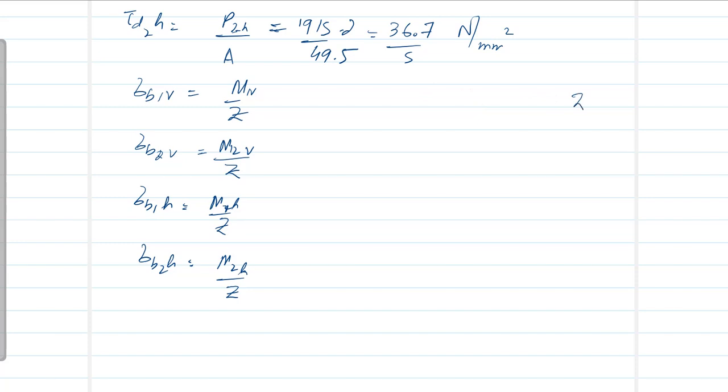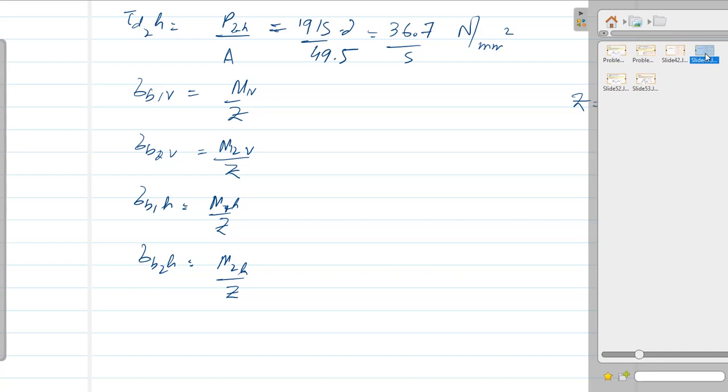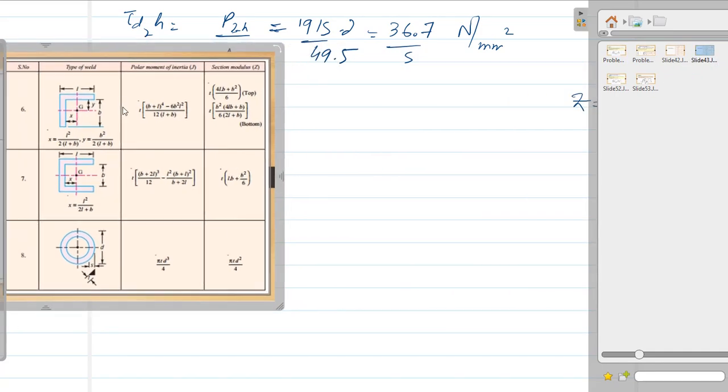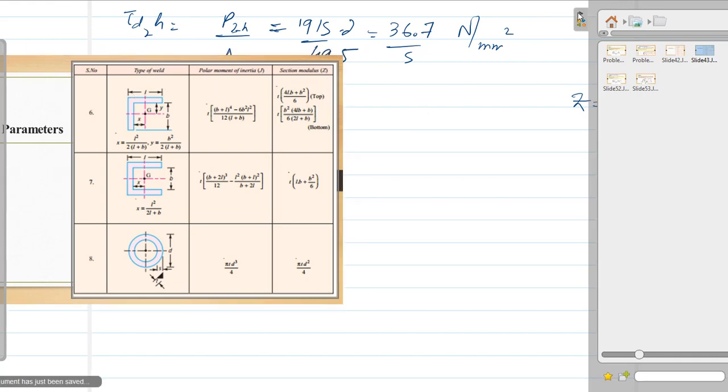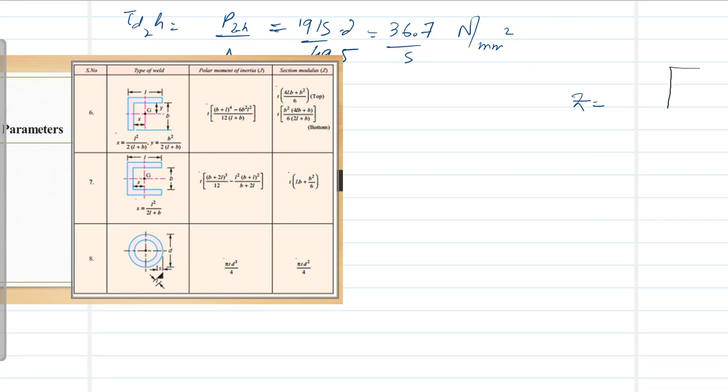So Z for this beam, we have to take it from the table. Because this is this configuration, Z is for top and bottom. Now this is very important. Just see here. If your weld's upper leg is like this, it's called the top weld. If this is like this, it's called the bottom weld. Clear? So if this is called the top configuration, this is called the bottom configuration. So please remember, if the same L shape is at the bottom, then we have to use this formula.